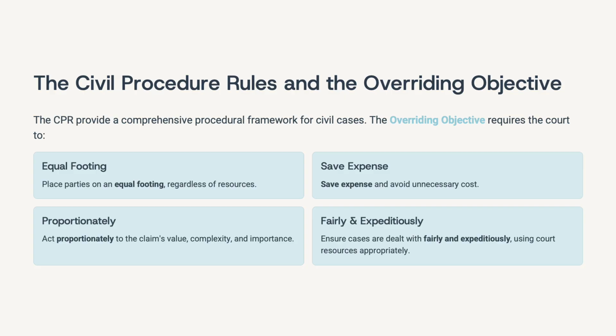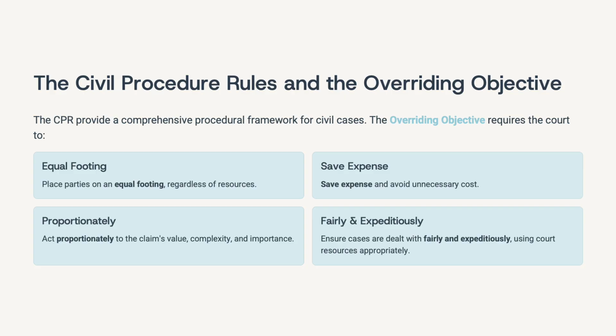So the civil procedure rules, or CPR, form the backbone of civil litigation in England and Wales. Now, the overriding objective is the North Star of the CPR: the court must deal with cases justly and at proportionate cost.